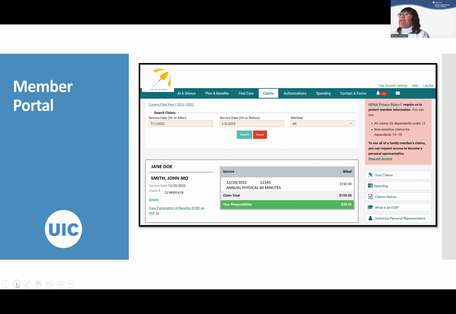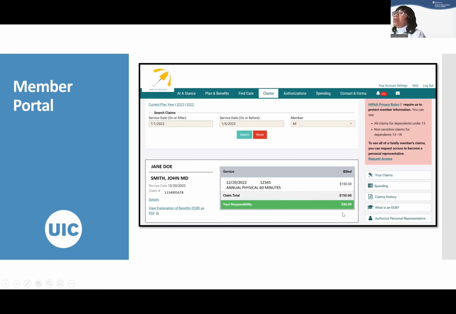Okay, now also again, this is what you may see on your portal. Of course, you have your name here. You see here your claim and how much it was billed, and then you can see your responsibility.